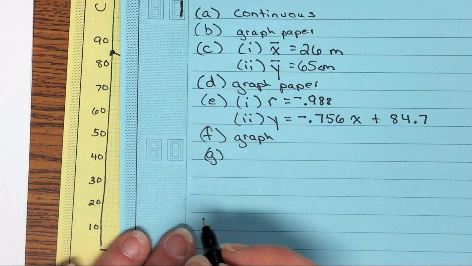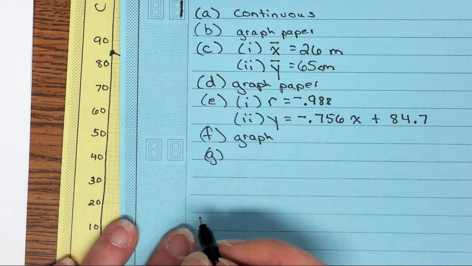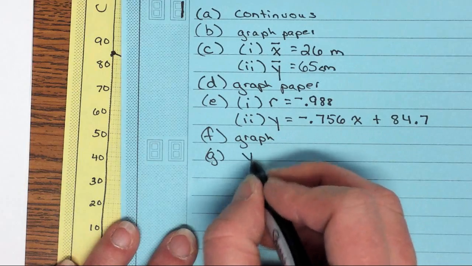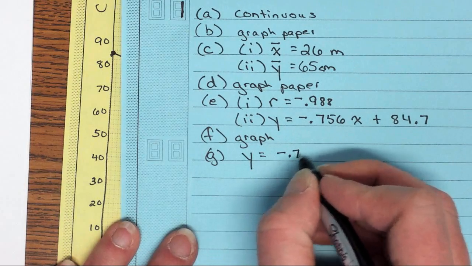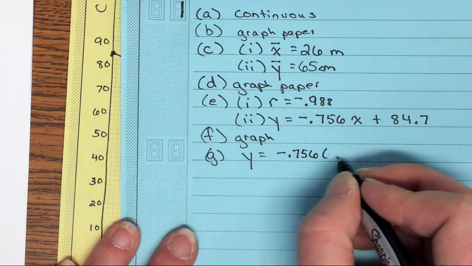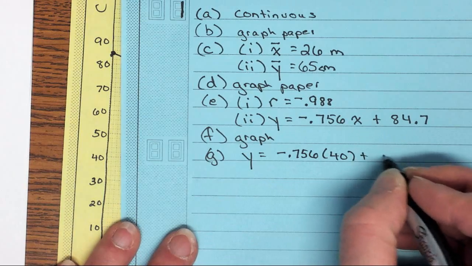Now see, it's 2 points, so I need to have a method point and then an answer. It's the X. We're trying to find the circumference when the tree is 40 meters. That's the distance. So Y equals negative 0.756 times 40 plus 84.7.